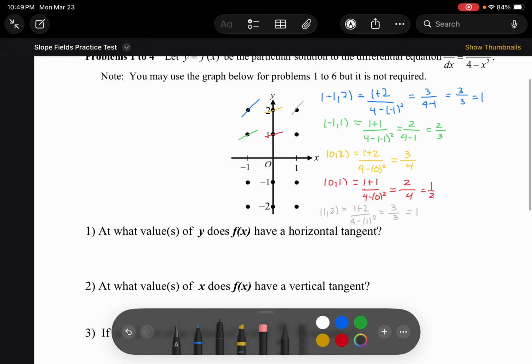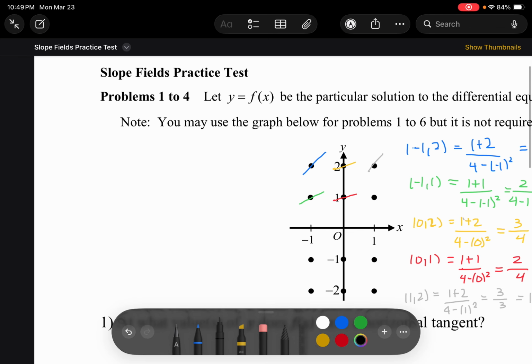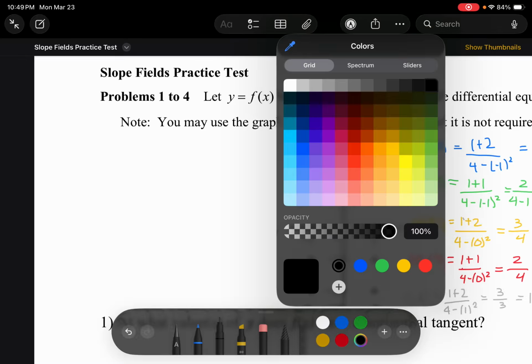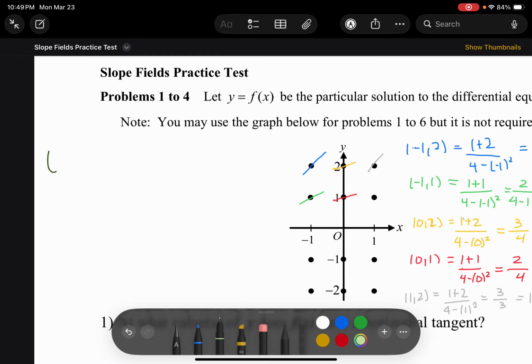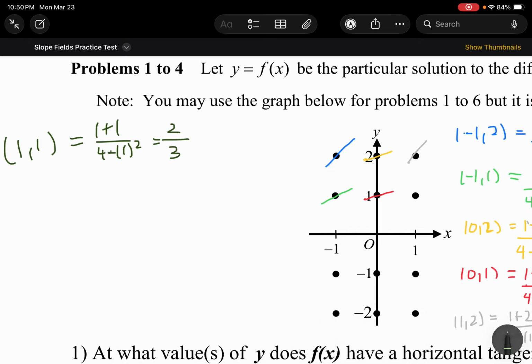Okay. And then I'm going to use black for this one. dy/dx, which is 1 plus 1 over 4 minus 1 squared, which is 2 over 4 minus 1 squared, is just 4 minus 1. 4 minus 1 is 3, so it's going to be 2/3.